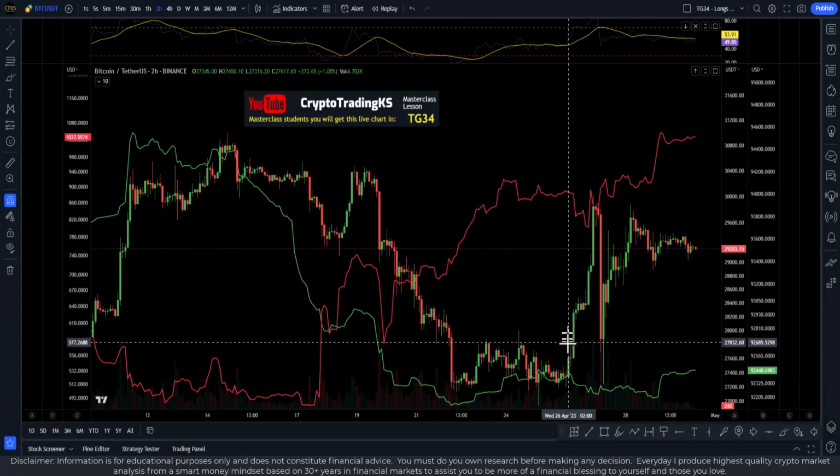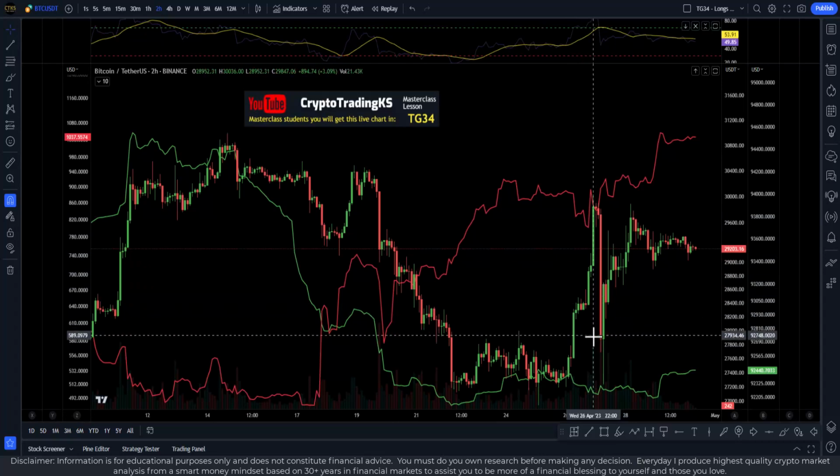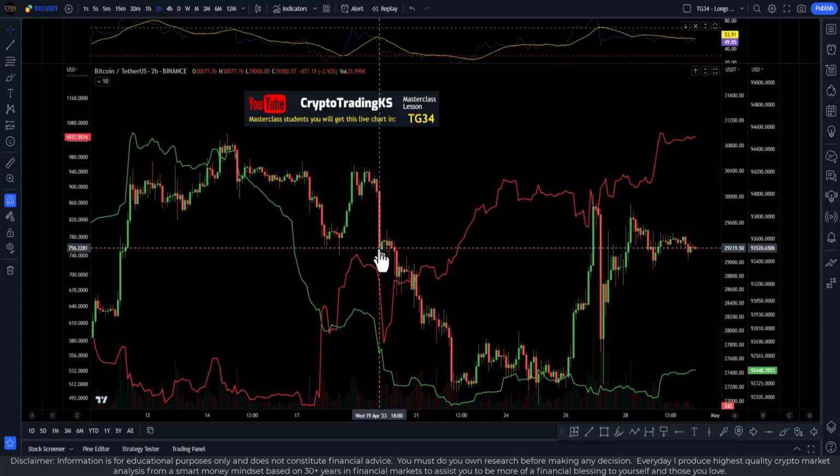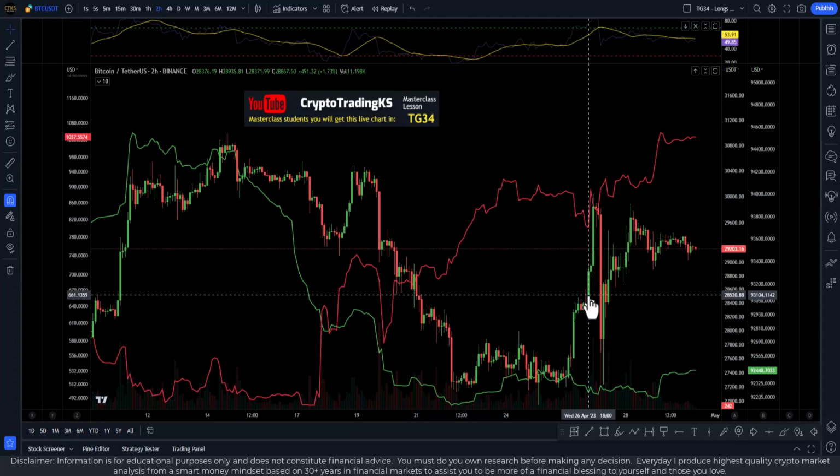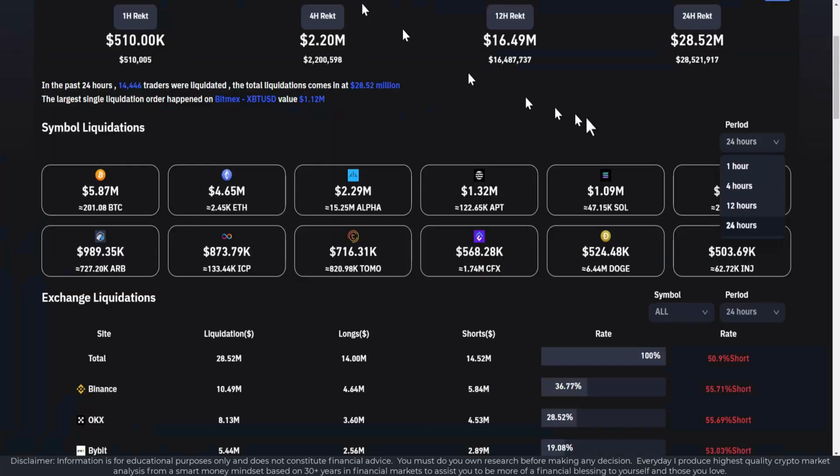You can see short spikes and long spikes play out all the time in the market. This is a long spike. That is a long spike. This is a short spike. And that is a short spike. You also want to get a bit of a feeling for how strong this sentiment actually is. Is it really, really strong sentiment, or is it meh sentiment?